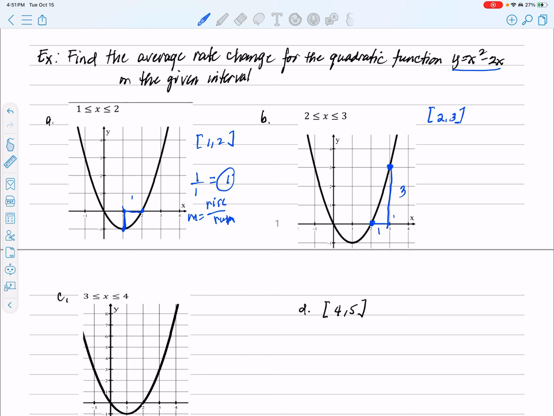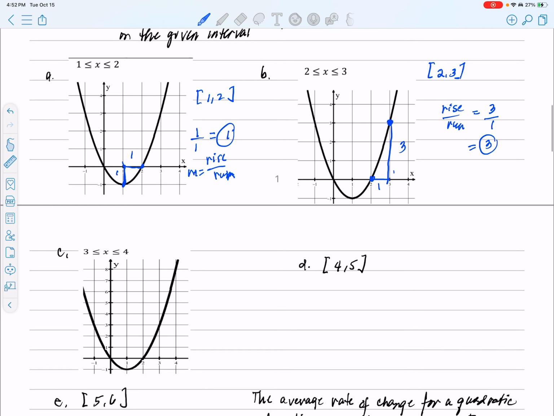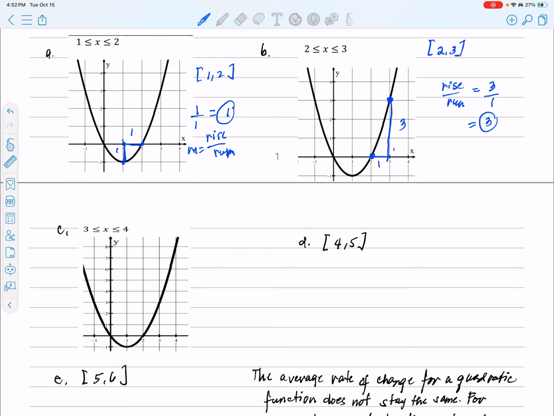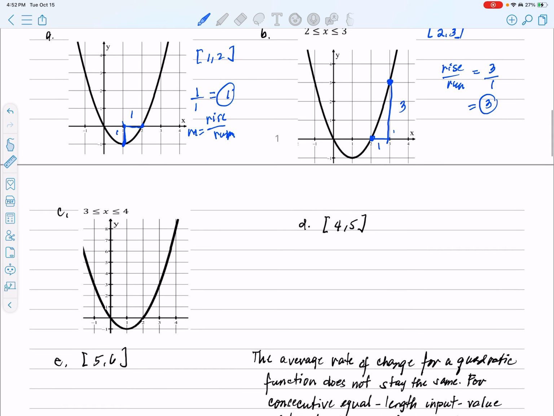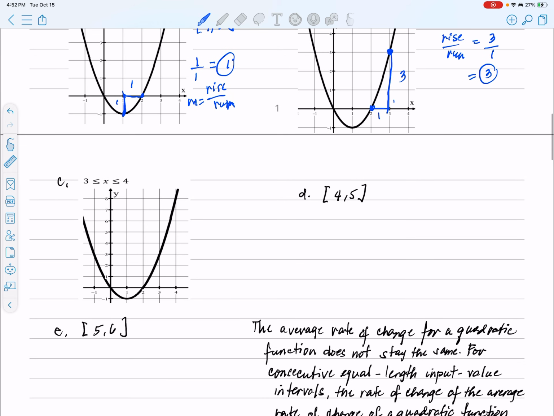Just use the rise over run. It rises 3, runs 1, so the rate of change is 3. Simple. When you have a graph, it's easy to see. Next, from 3 to 4, so our interval there is 3, 4.